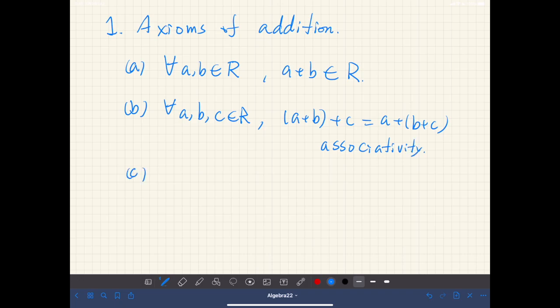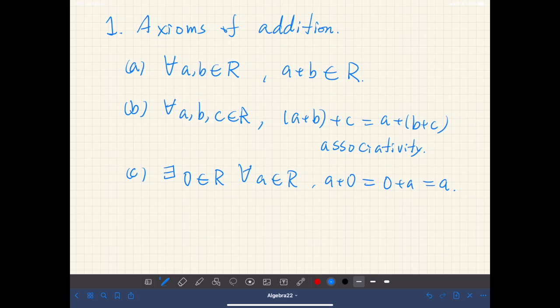And C: there exists a distinct element called 0, a specific element in R, such that for all elements a in R, we have a plus 0 is equal to 0 plus a is equal to a.